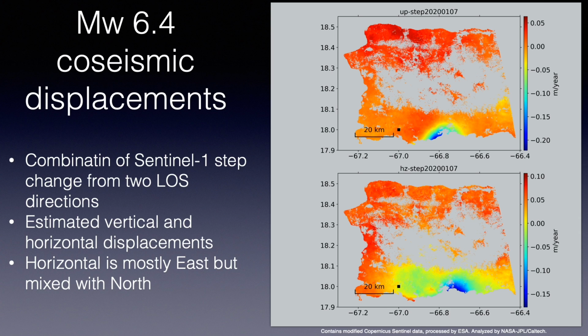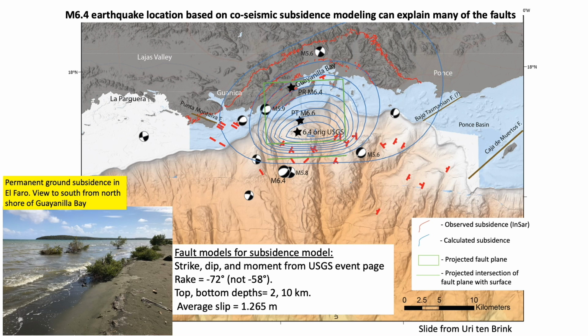And we can see now that the subsidence in the vertical direction is centered on the Guayanilla Bay, and we can take this vertical deformation displacement map and make contours of it. And I took those contours and sent them to my colleague Uri Tenbrink, and he's plotted them on this map as red lines for the 5 centimeter contours.